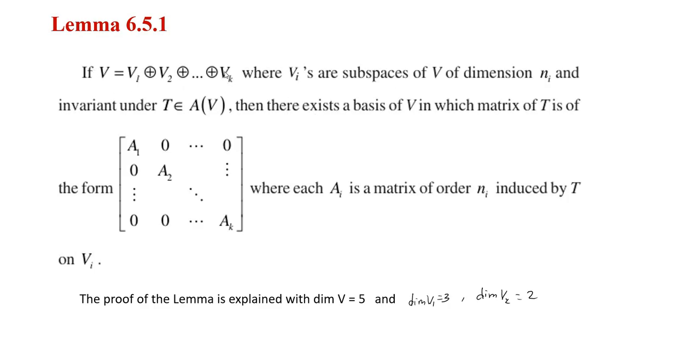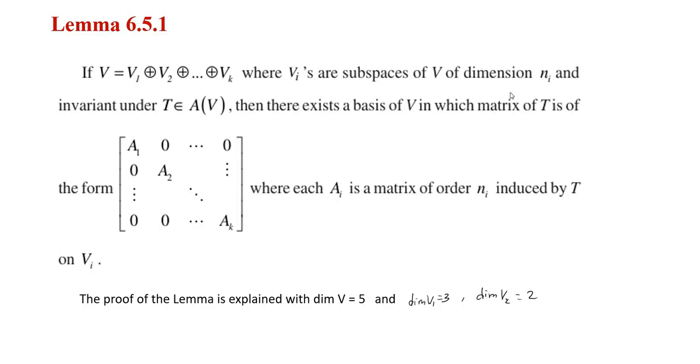Each of them is given to be an invariant subspace under the transformation T. Then what is true is there exists a basis of V in which the matrix of T is of this form, where each Ai is a matrix of order Ni cross Ni induced by T on Vi.